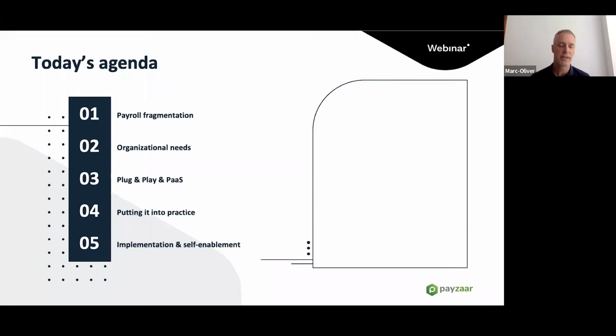And that will then bring us into talking more specifically about plug and play or platform as a service solutions, which Payzaar is a pioneer of. I think it's very important for the broader payroll community to understand and reflect on how those plug and play platform as a service solutions can address some of the traditional challenges that the industry has been facing.